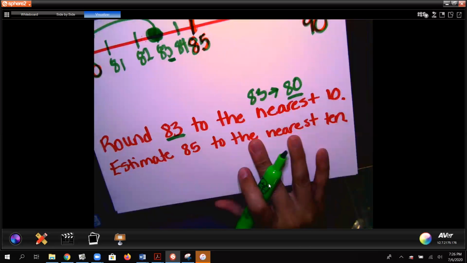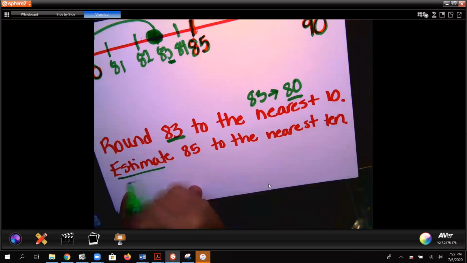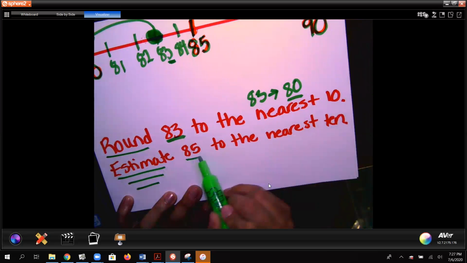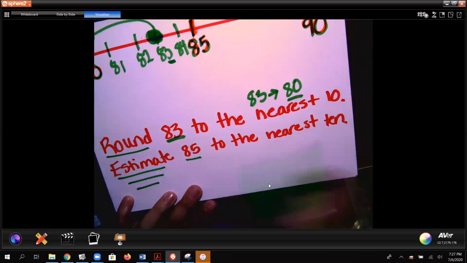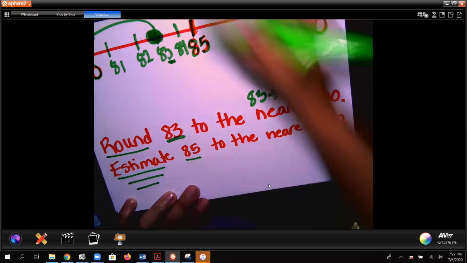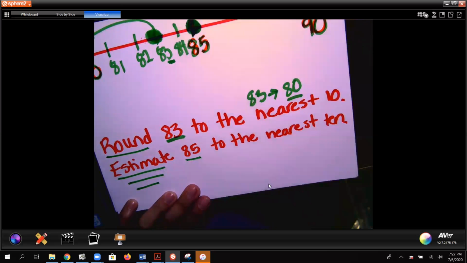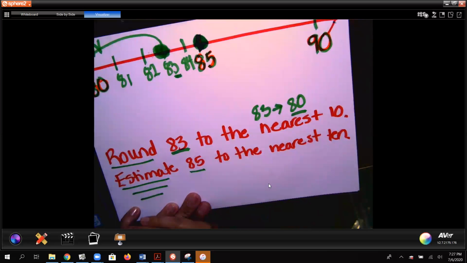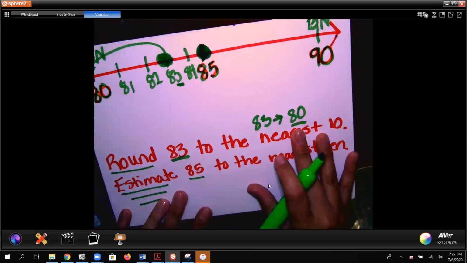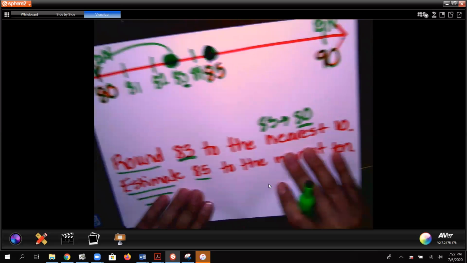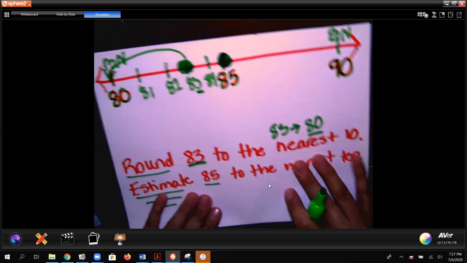Okay, our next one says estimate. Look, there's a rounding word. Estimate 85 to the nearest 10. Okay, so 85. Let's put a big circle on 85. And that one's actually on the midpoint. So there's a rule in rounding. If it's on the midpoint, you always go to the greatest boundary number.